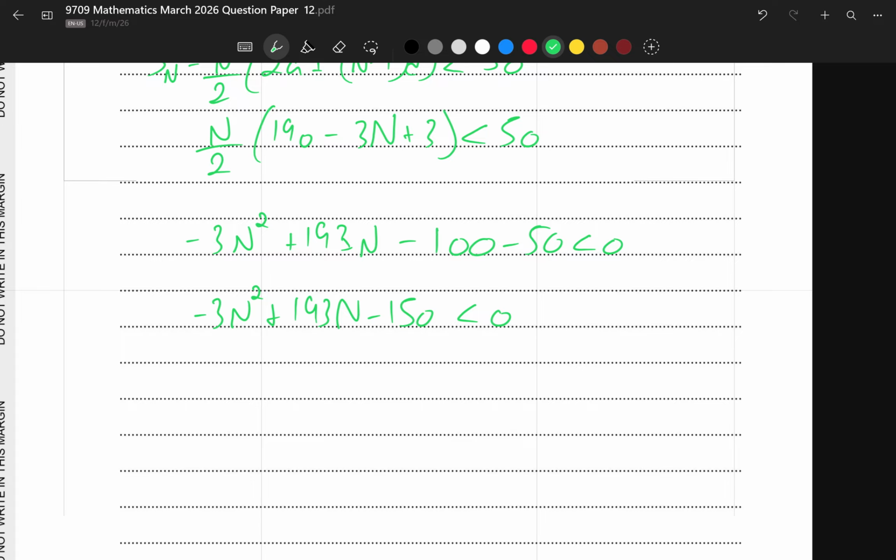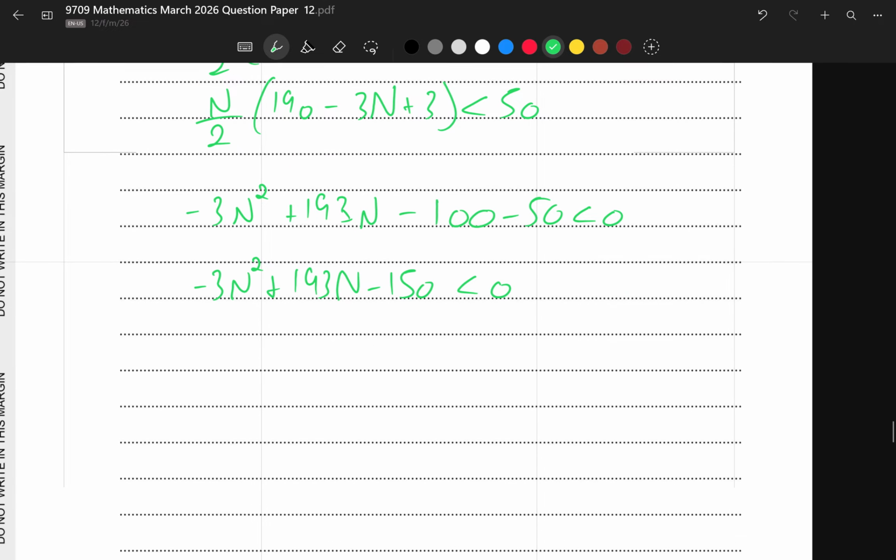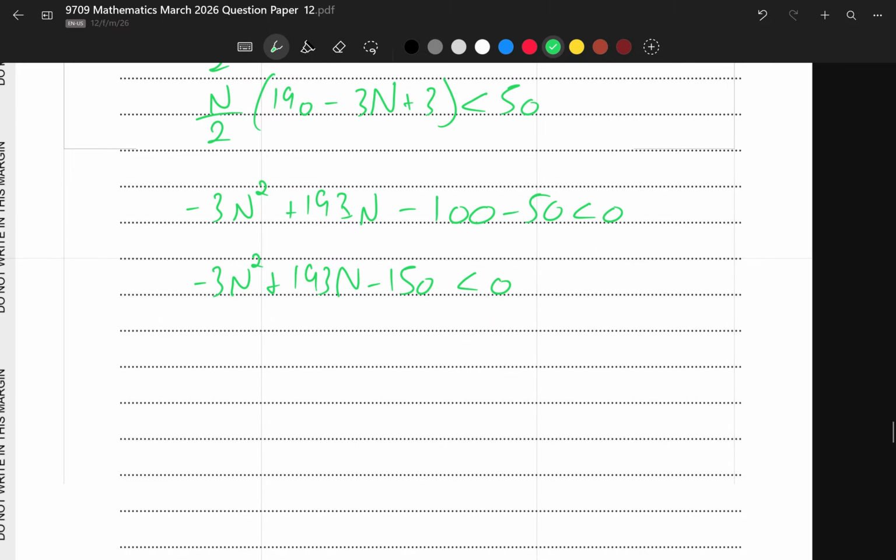Now in this case, no, this is not 150, it is actually 100 after we shift here. Yes, now it is correct and this is positive.